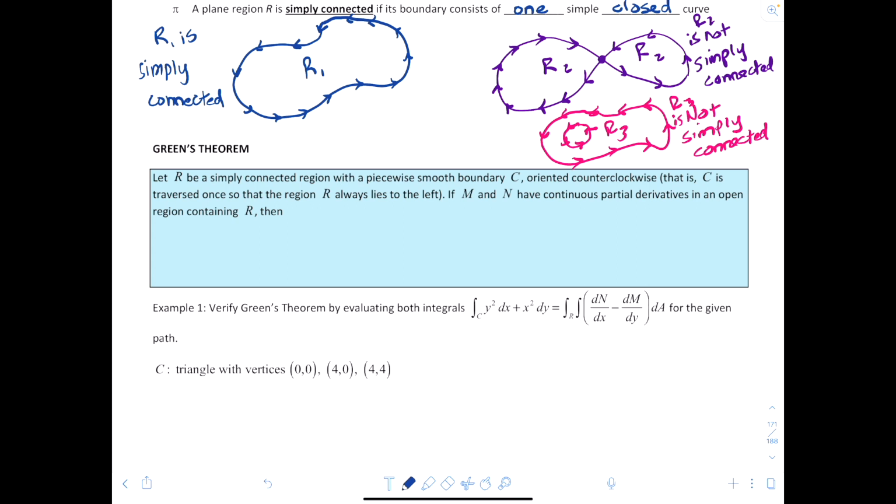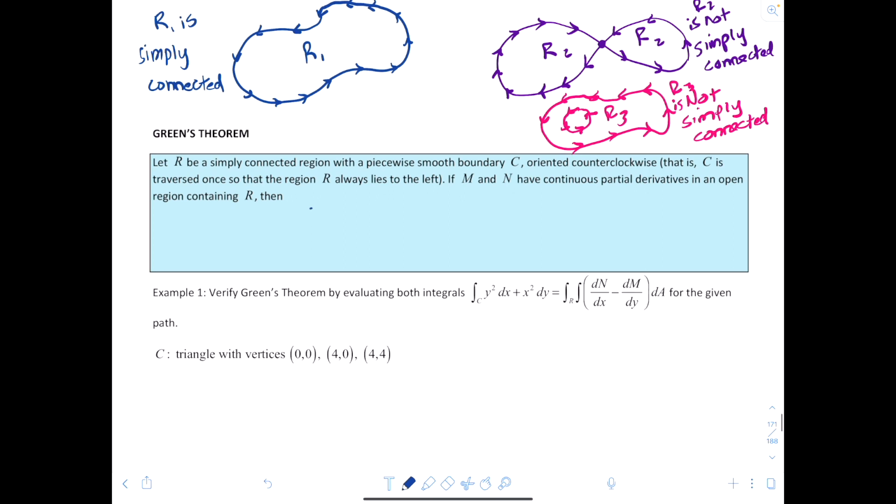That is, C is traversed once so that the region R always lies to the left of C. So if M and N have continuous partial derivatives in an open region containing R, then it turns out that the integral over our smooth boundary C of M dx plus N dy, remember that weird thing about not having the parentheses with these line integrals, ends up being the integral over the region R of the first partial of N with respect to x minus the first partial of M with respect to y, dA.